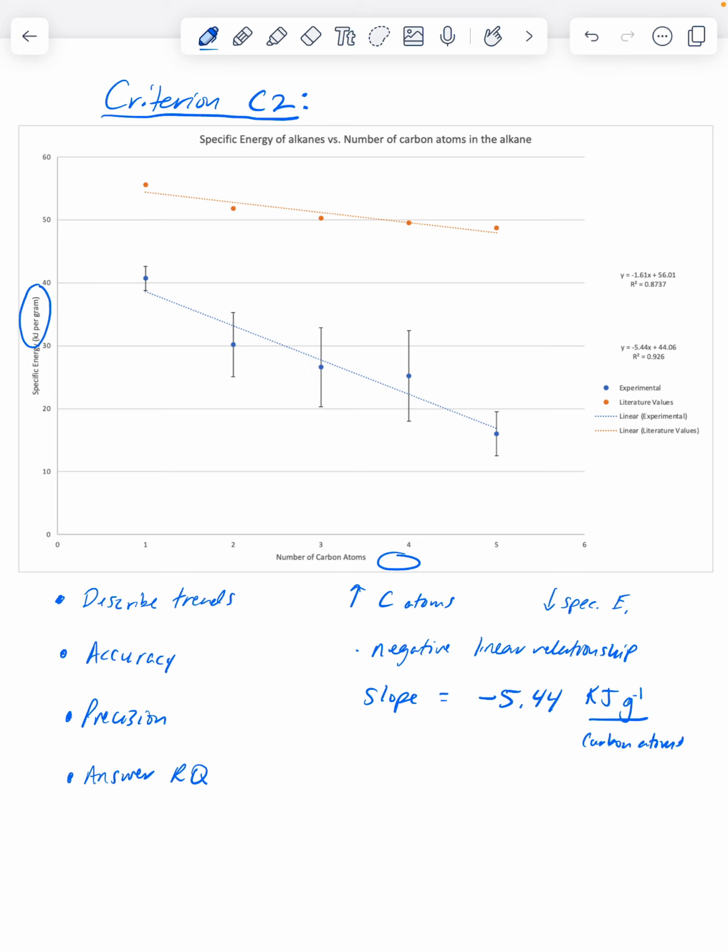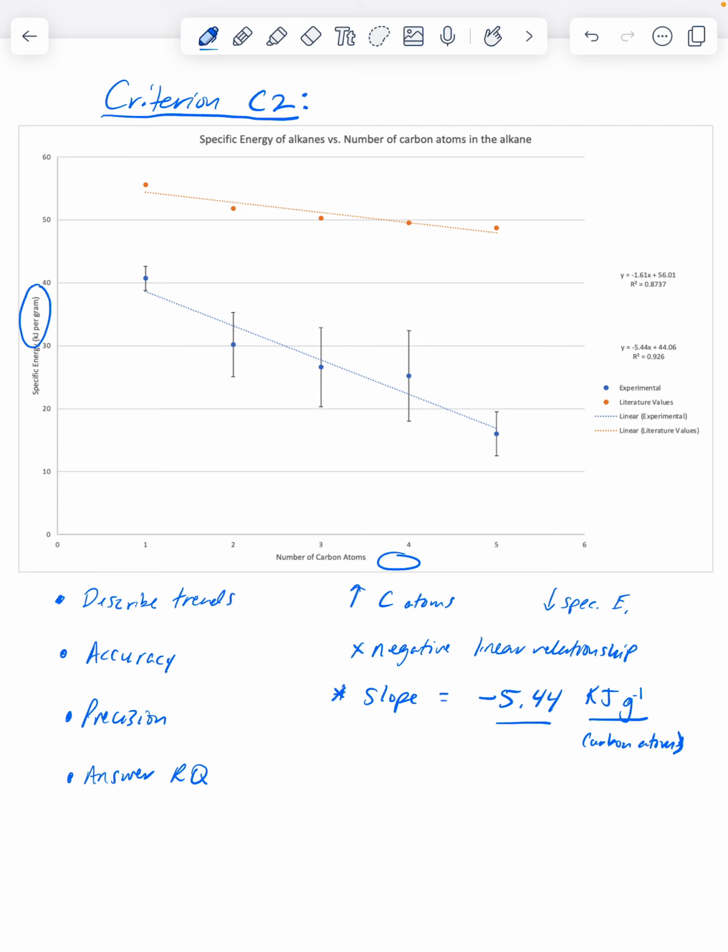So let's try to interpret what this slope means. It's basically telling us that for every additional carbon atom in an alkane, which is what this processing was based on, the specific energy of that alkane seems to go down on average by 5.44 kilojoules per gram. So now we're getting really specific.